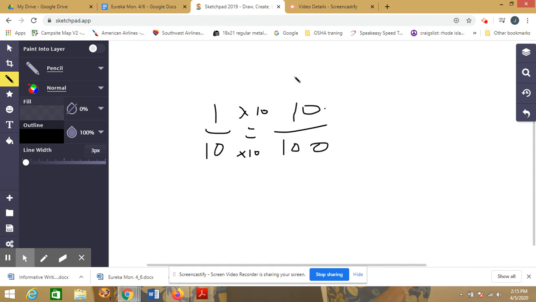And so that's why when you have a number, like say we have 45 hundredths, and we want to make this a decimal, that 4 goes in the tenths place. And then that 5 is in the hundredths place. So yes, we have 45 hundredths, or we have 4 10/100ths, 4 tenths, and 5 hundredths.